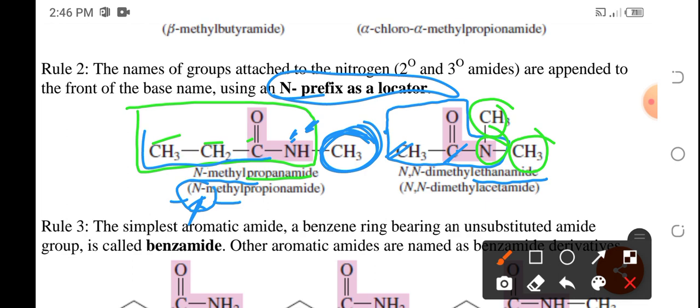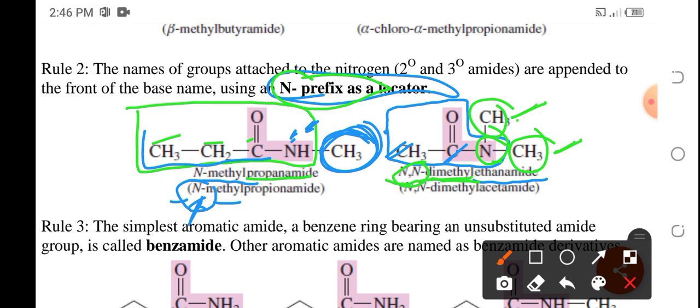So, we are not going to use a number. We are not going to use a Greek letter. Rather, we are going to use N as a locant because these substituents are attached on the nitrogen group. Therefore, the name of this structure is N,N-dimethylethanamide. N,N stands for the locant for these two substituents.